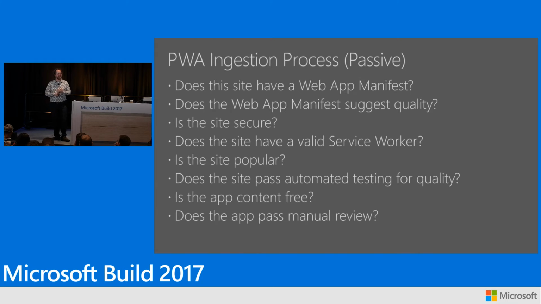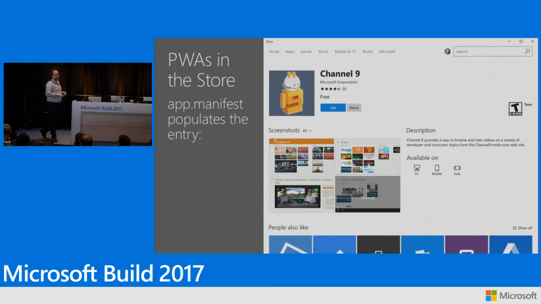And then finally, as Jeff mentioned, once the apps are in the store, developers of those apps that have been passively ingested into the store will be able to claim them and take complete control over the way that the apps look and feel. Now, whether by manual submission or this passive ingestion process, the manifest will provide the bulk of the information used for the listing in the store.